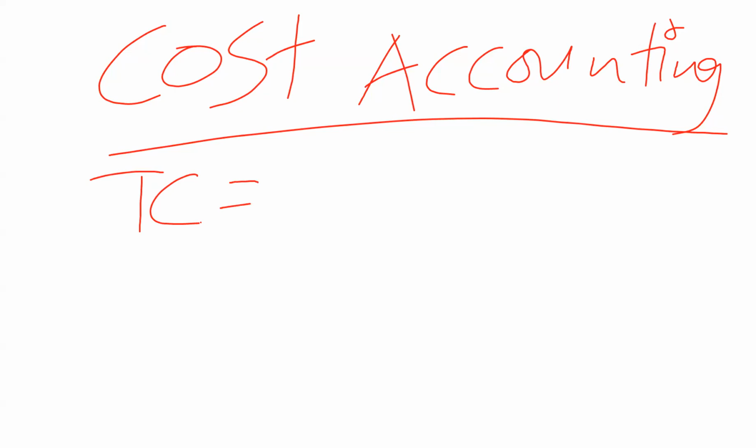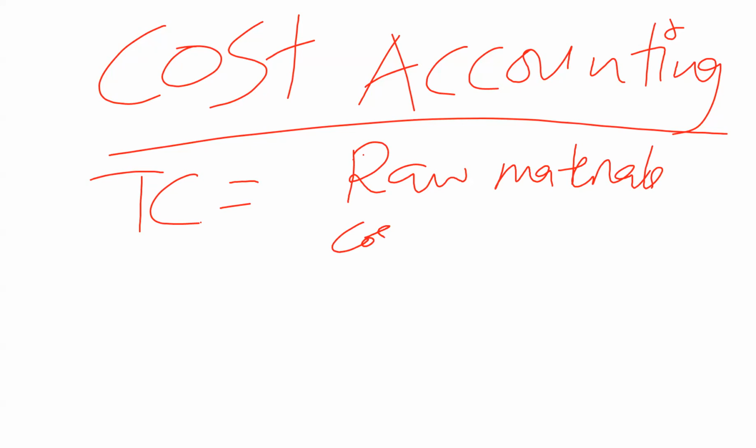Number one, the cost of raw materials that you're going to use in production. And after that, there is the cost of labor. You're going to use labor in production.